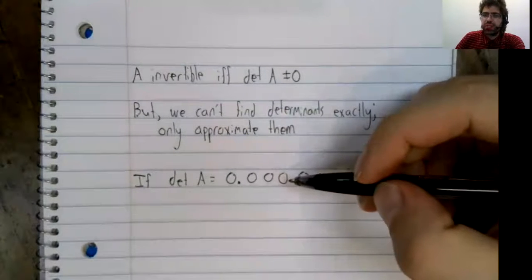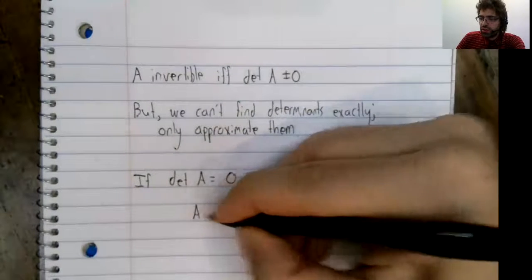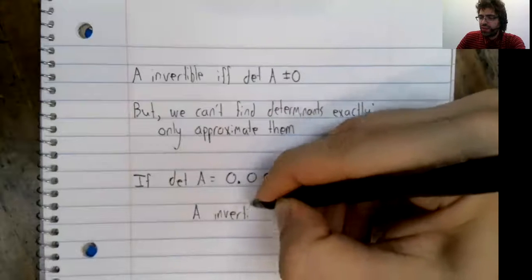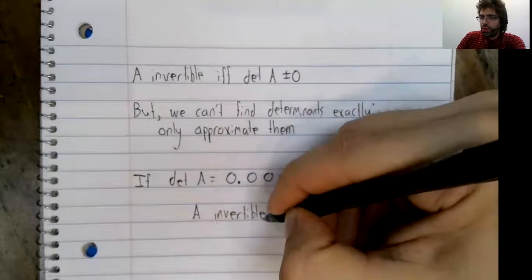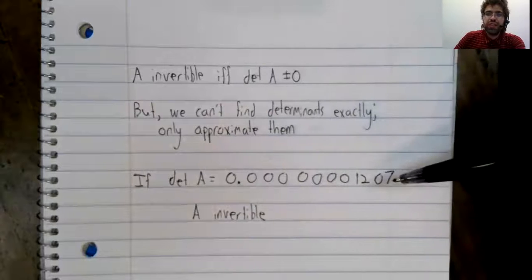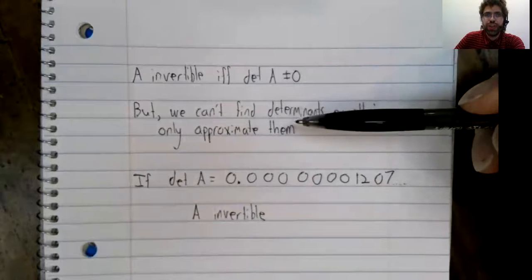Well, this is not zero, so it tells you that A is invertible. But this is also precisely the kind of number you'd get if the determinant is zero, and we're just seeing a little numerical error.